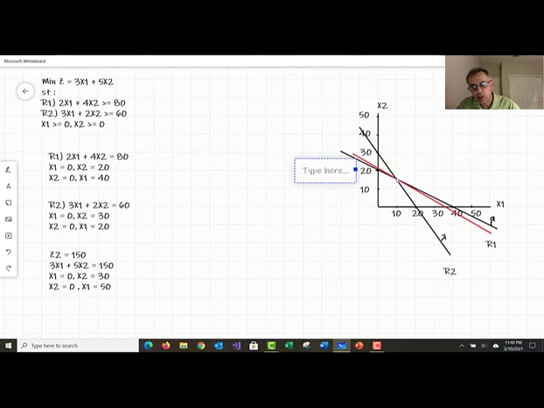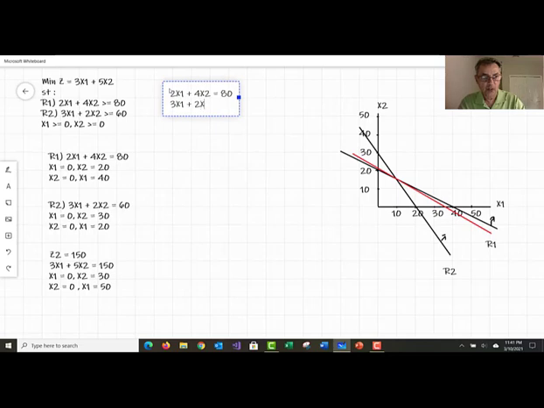And in order to find this point, I have to intersect these two constraints. In order to intersect those two constraints, I will make them equality again. So in this case, it would be 2x1 plus 4x2 equal to 80, and 3x1 plus 2x2 equal to 60.